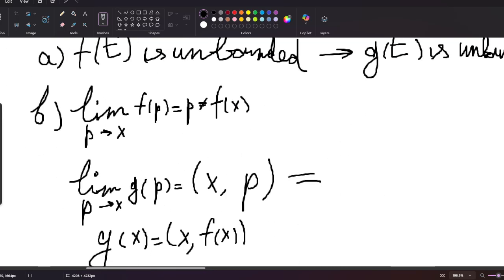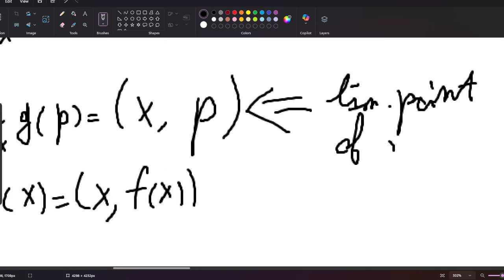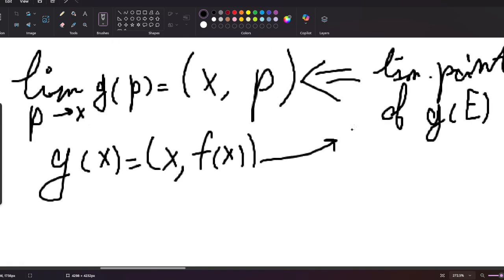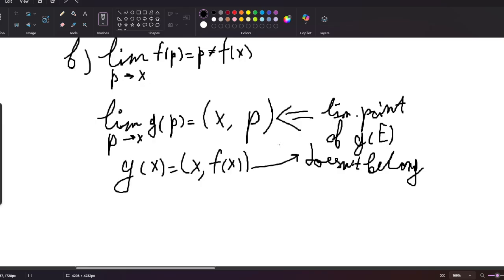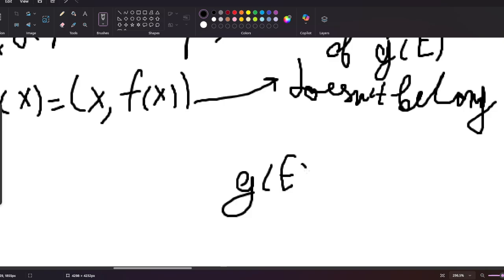So this over here is a limit point of g of E. However, the trouble is that it doesn't belong to g of E, because that spot is already occupied by this other point. And if g of E were compact, then it would be closed and bounded, and if it were closed, then every limit point would belong to g of E, so g of E isn't compact.